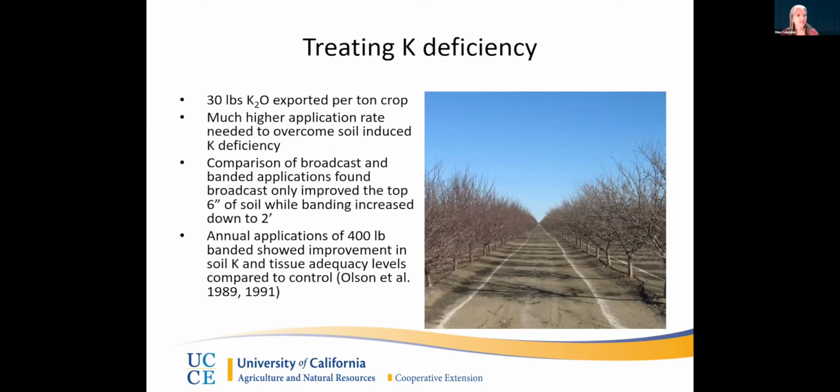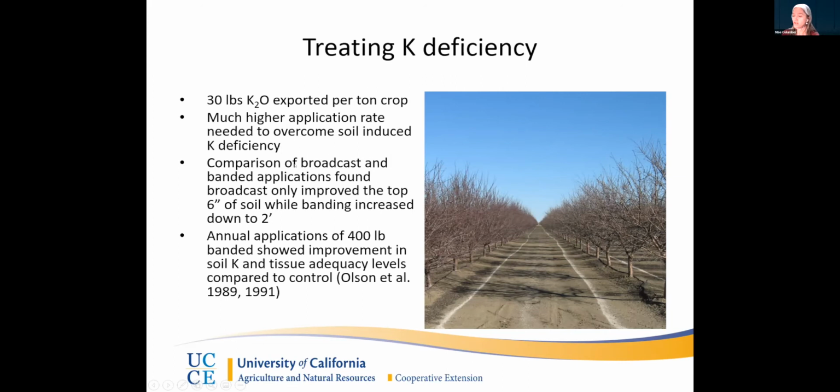Okay, so to treat potassium deficiencies, I mentioned that there's about 30 pounds exported per ton of crop annually, but a much higher application rate is generally needed to overcome that soil-induced deficiency. Some research comparing broadcast and banded applications found that, looking at the increase in availability in soil, broadcast only improved the top 6 inches of soil, while banding increased it down to 2 feet.